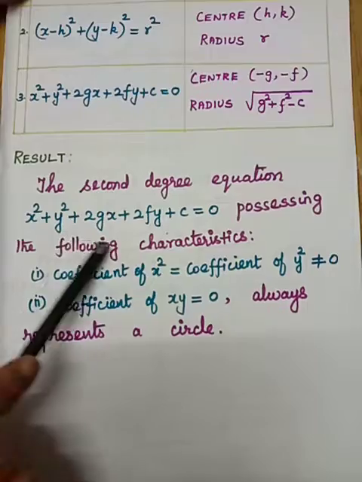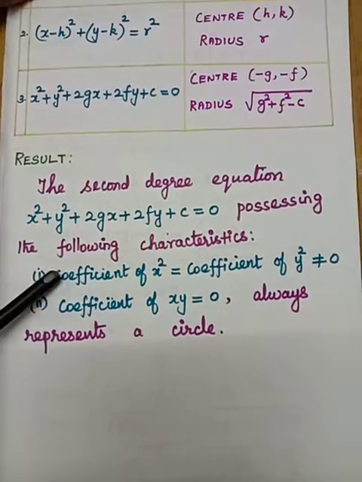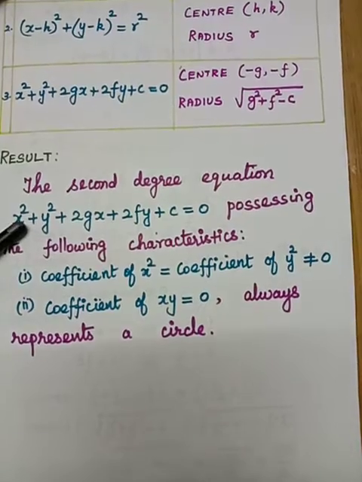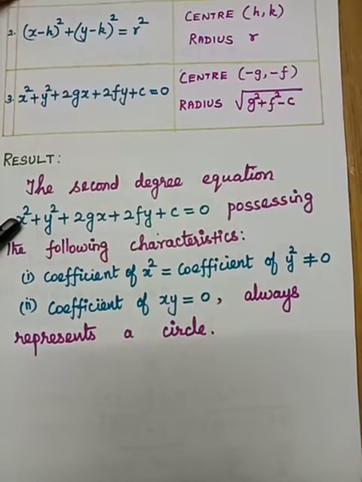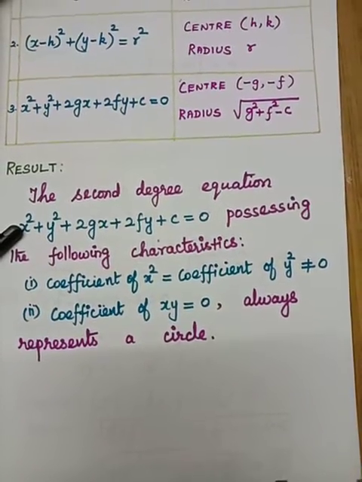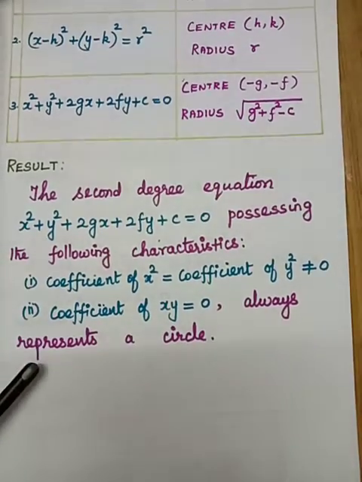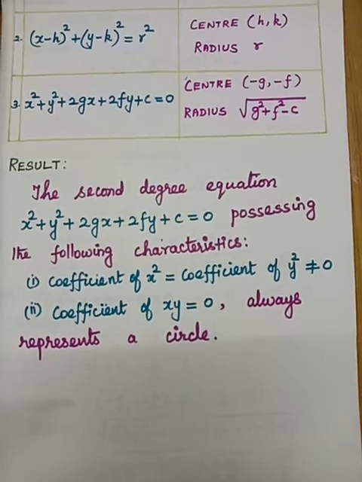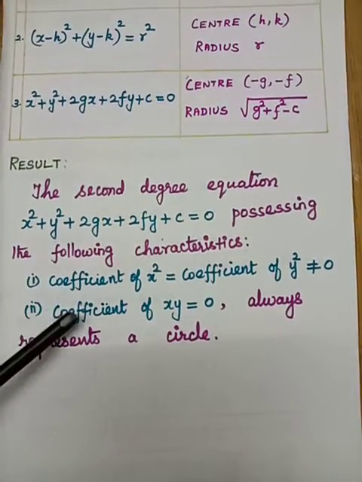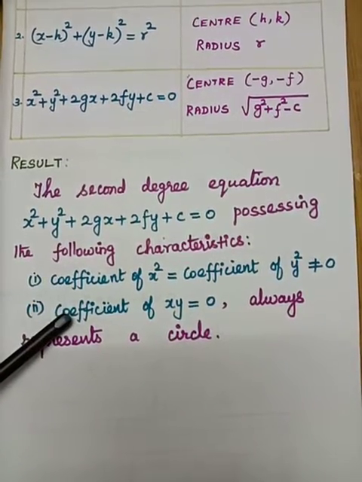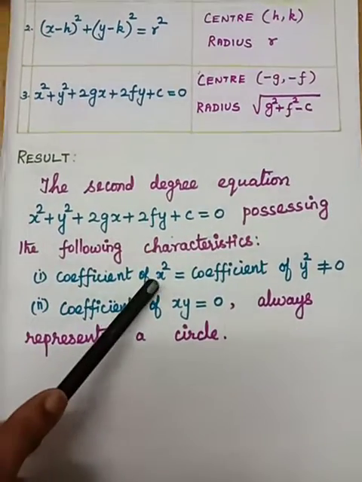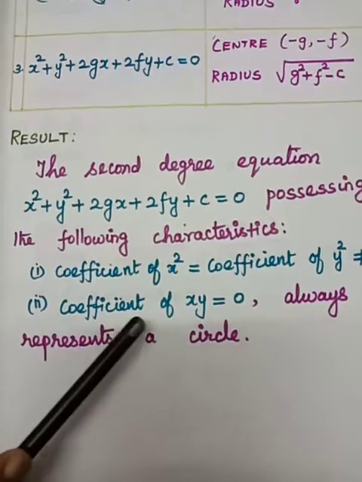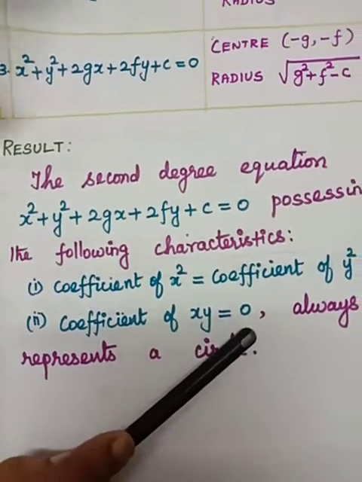A second degree equation having these 2 characteristics represents a circle. What are they? Coefficient of x squared is equal to coefficient of y squared, and coefficient of xy is equal to 0.